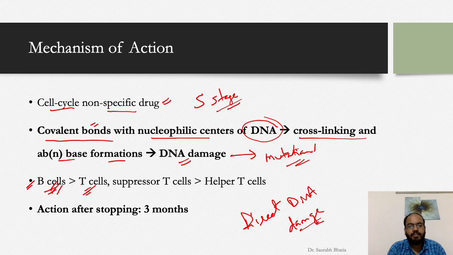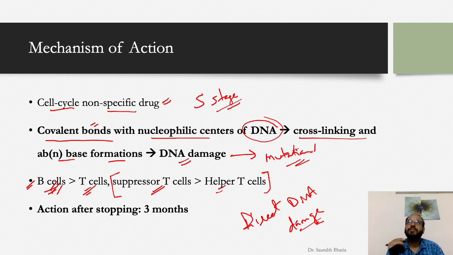Additionally, the immunosuppressive efficacy of cyclophosphamide is found to be more on suppressor T cell as compared to helper T cell. And this is one of the theories given behind the increased incidence of lymphomas in prolonged use of cyclophosphamide.